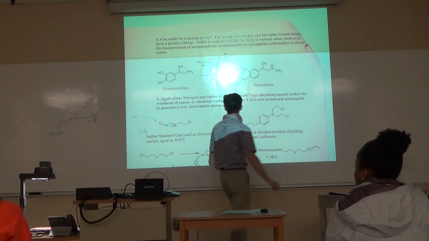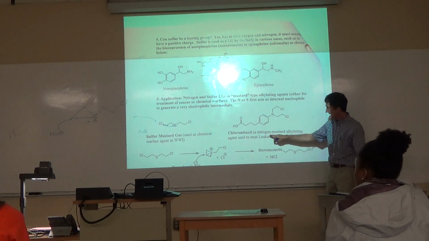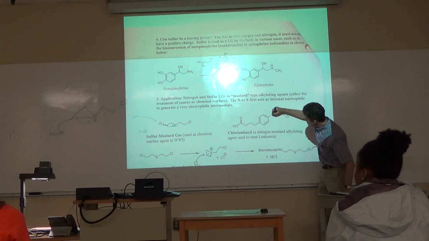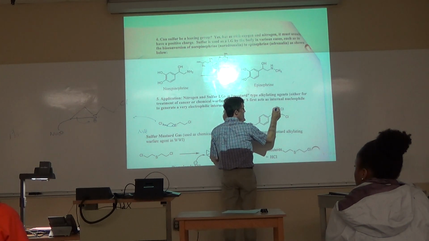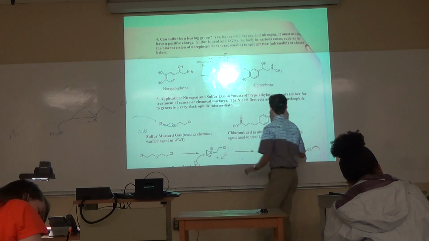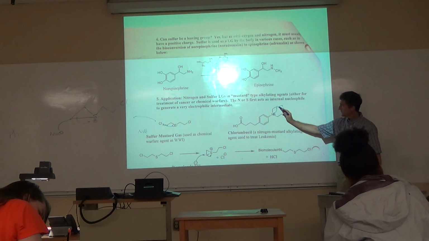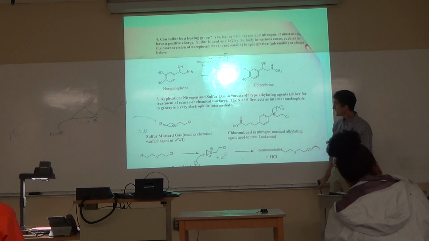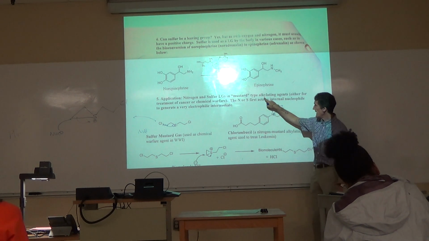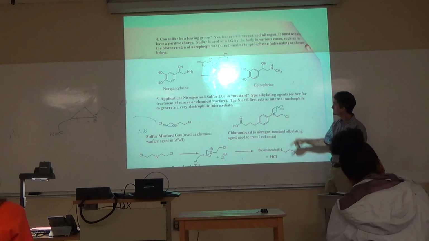You also have some cancer drugs that are like this, nitrogen mustards, and you have the same thing here. These electrons come here, and you get a three-membered nitrogen ring that's positive. Basically, these are potent alkylating reagents.